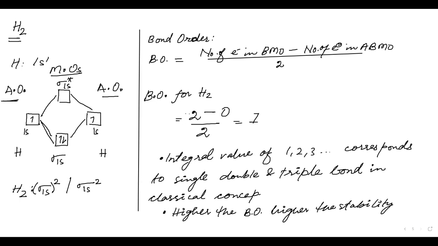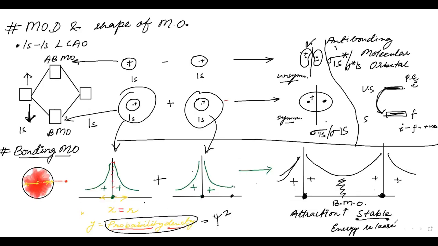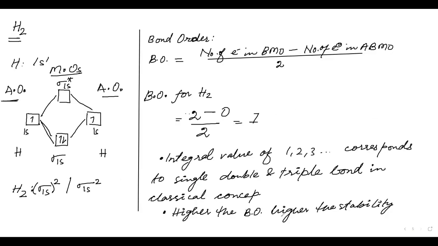You should always remember this picture. This is BMO. If we have more and more electrons here in the BMO, then attraction will increase and the molecule will become stable. Hence, higher the bond order, higher the stability.